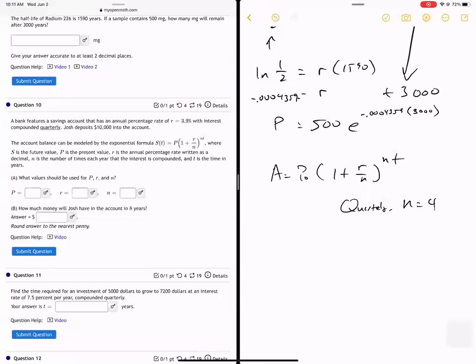We have an initial deposit of P naught is 10,000. And the rate is 3.9%, which is 0.039. Now, do we have everything we need? We have the initial, we have the rate, we have our n.